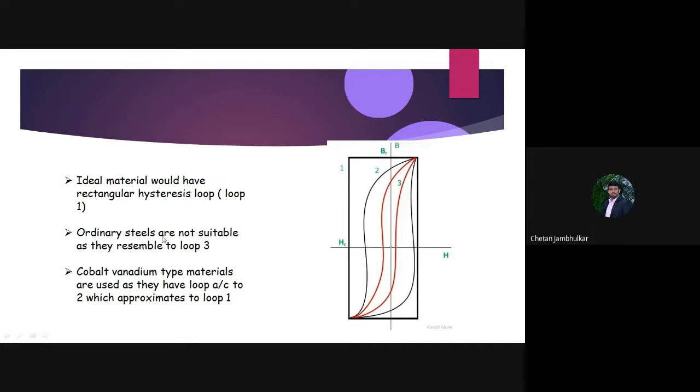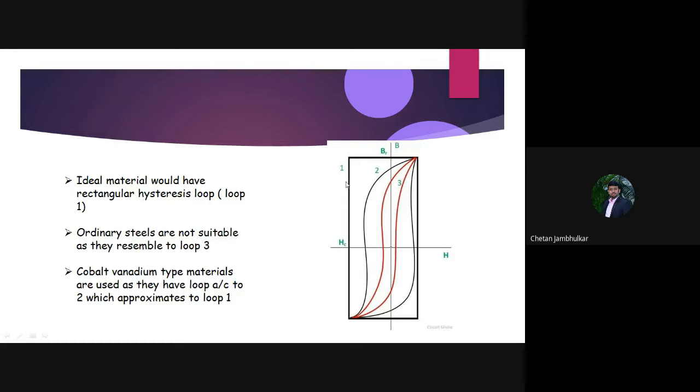The ordinary steel is not suitable as they resemble loop 3. So cobalt, vanadium type of material are used as they have a loop according to this, which is approximately loop 1. So this is loop 1, this is loop 2, and this is loop 3.